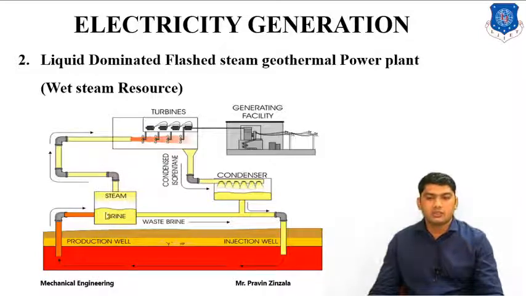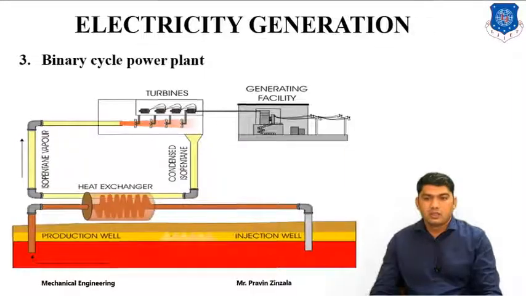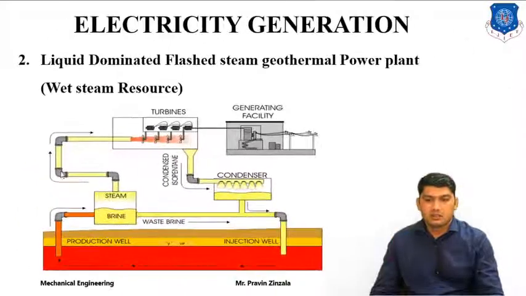That water we can supply to a brine solution, or to a type of evaporator, and generate steam, and the steam is supplied to the turbine. The turbine converts the kinetic energy into mechanical energy, and by the generator we generate electricity. The remaining condensate is supplied to the condenser, and the exhaust goes back to the earth.